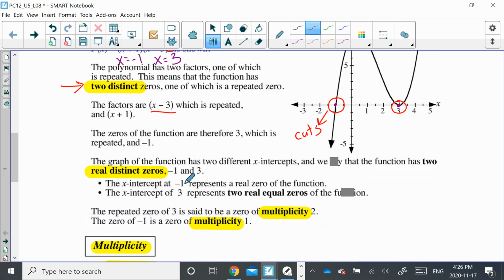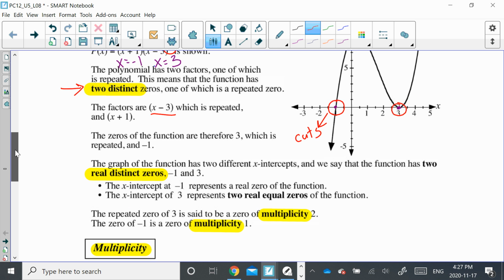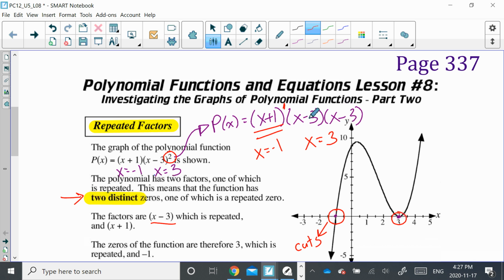The x-intercept of -1 represents a real 0 of the function, and the x-intercept of 3 we would say has 2 equal real zeros. The reason we say it has 2 equal real zeros is because this x is 3, that x is 3, so they're 2 equal real zeros. But altogether, again, there are 2 distinct zeros.